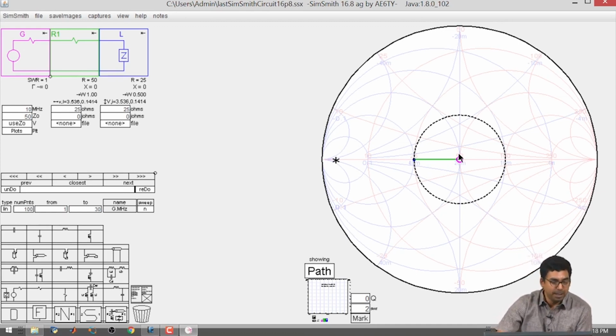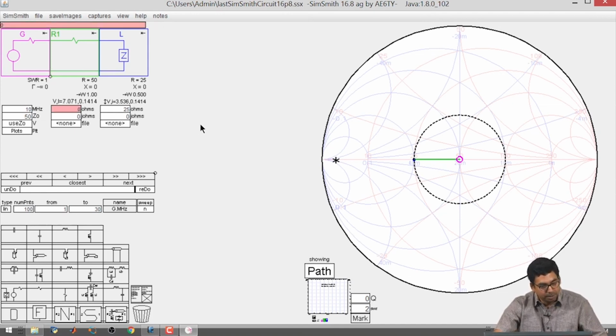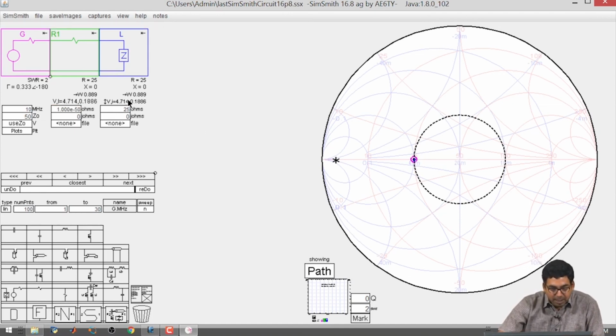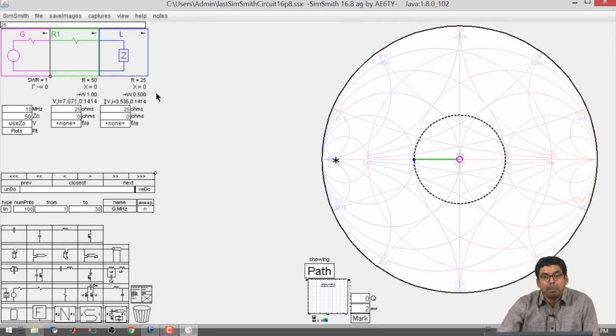If the objective is to not have any standing waves or not have any reflection coefficient, you have done the job. However, by doing this, we have actually worsened the amount of power that is available on the load. If I made this 0, which would be a short circuit, I actually had 0.889 watts being dissipated on the load, and by going to the impedance matched condition, I actually reduced the power dissipated on the load to 0.5.